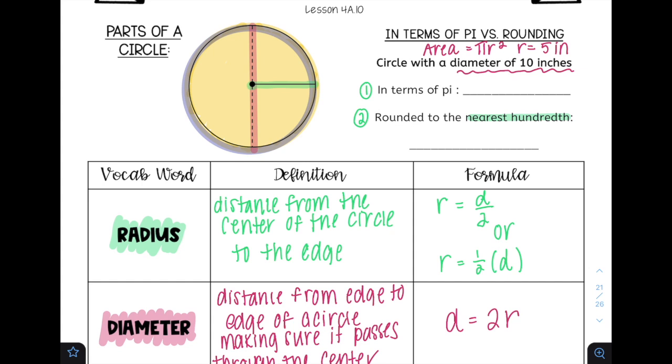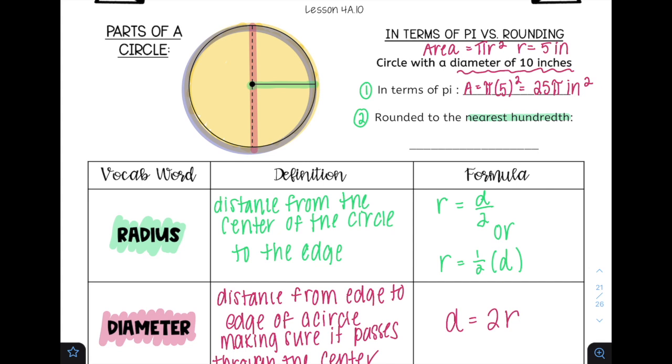That is going to be the big difference with your answers in terms of pi versus rounding. So I'm just going to rewrite this as A equals pi r squared. And again, I'm substituting in 5 for r. 5 times 5 is going to be 25. So 25 pi, you have your units, and area is always represented in inches squared.